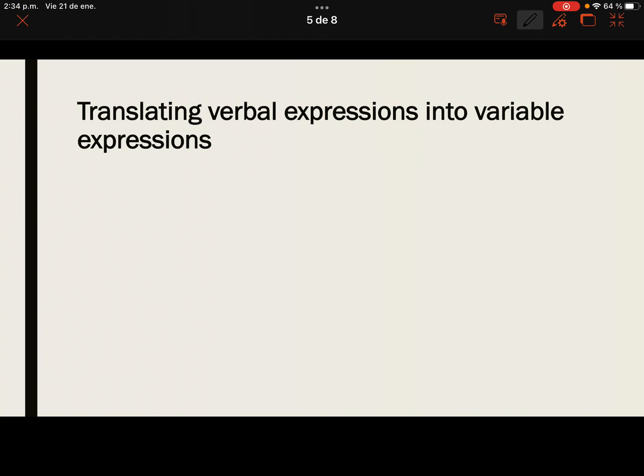Next one, the keywords or phrases that represent division. The first one, really simple and really obvious, is "divided by." For example, x divided by 8.